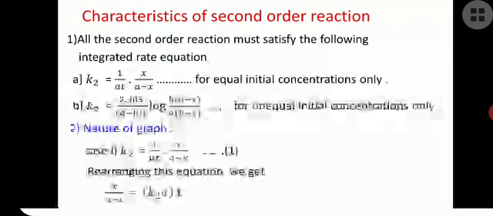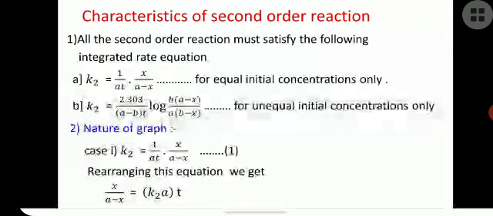Now, the characteristics of second order reaction. A second order reaction satisfies the following integrated rate equations. For equal initial concentration, k2 = (1/at) × x/(a − x).